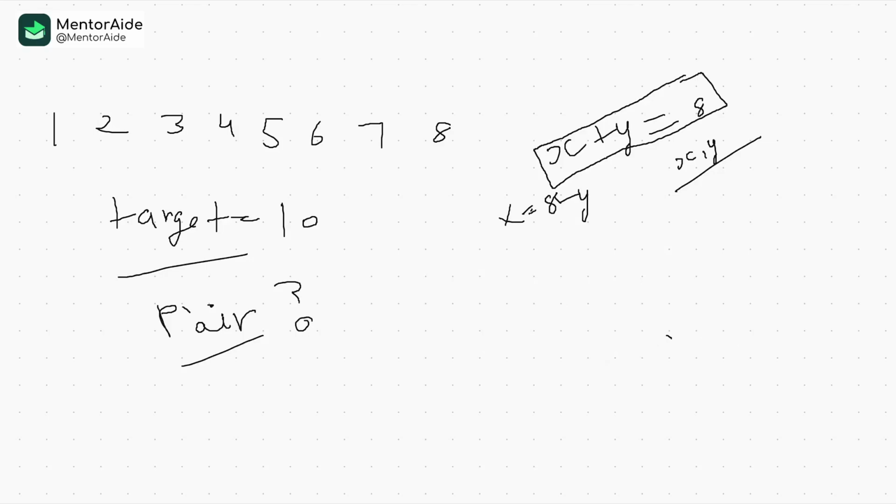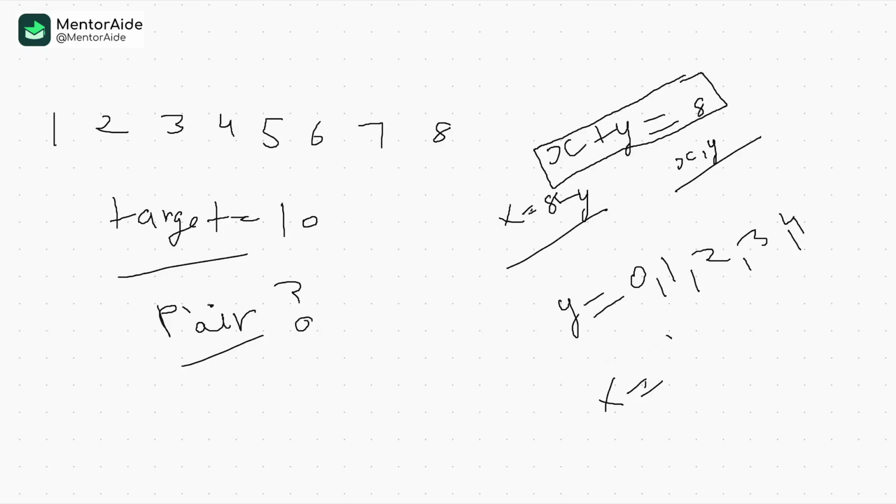Yeah. So x is equivalent to 8 minus y. Now you can say, hey, we will try out the values of y. Initially, we will put y equivalent to 0, then 1, then 2, then 3, and then 4. So automatically, you will start getting the values of x.